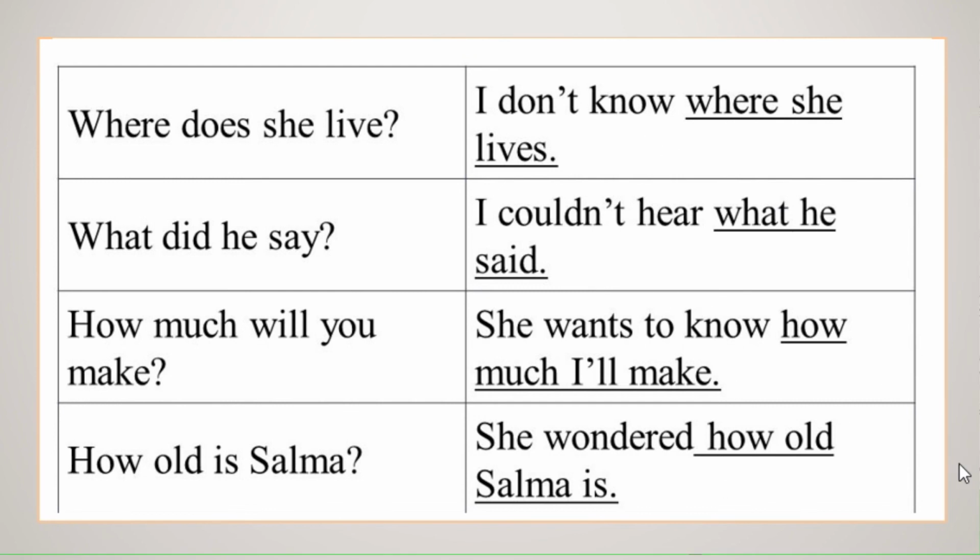You also have the yes or no questions with if or whether. They want to know if we will go. They want to know whether we are going, for example. Remember that or not is written at the end, and if you are using whether, you can use or not next to whether. And we also have the ever words.